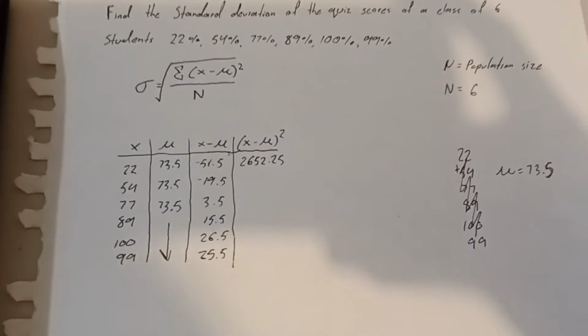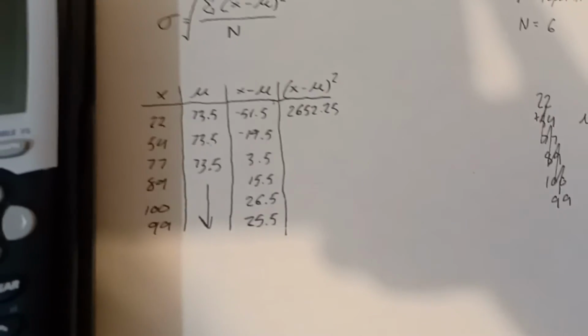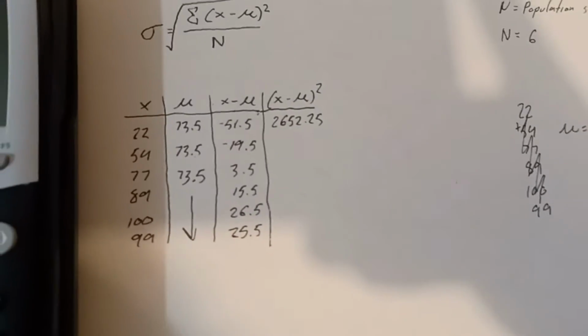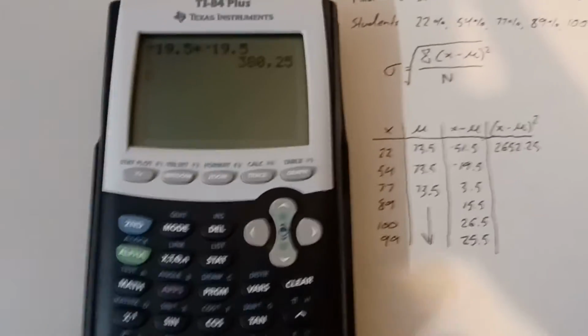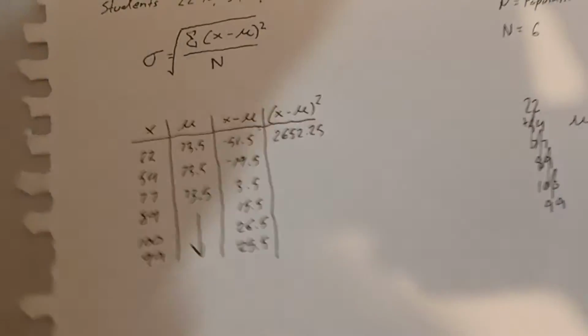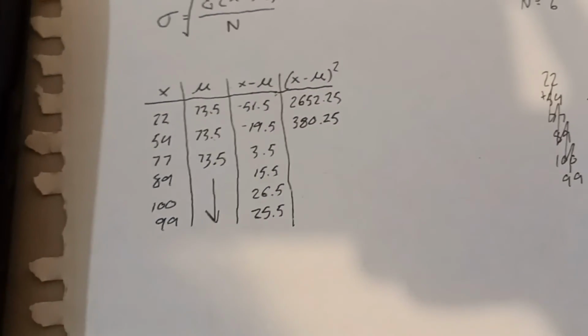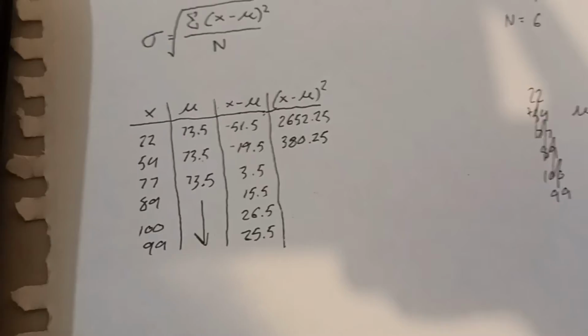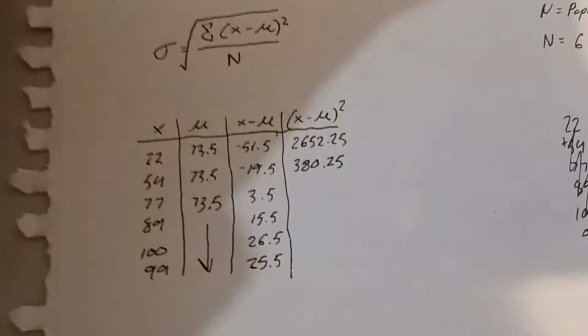So let's go ahead and do the second value, negative 19.5. Negative 19.5 times negative 19.5 is going to give us 380.25. The other value, 3.5 times 3.5, is going to give us 12.25.